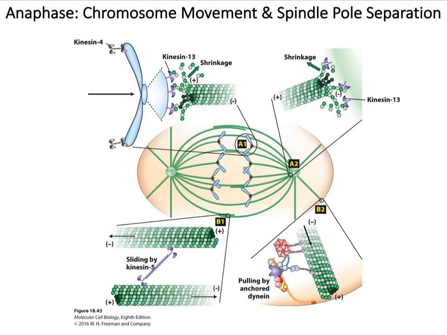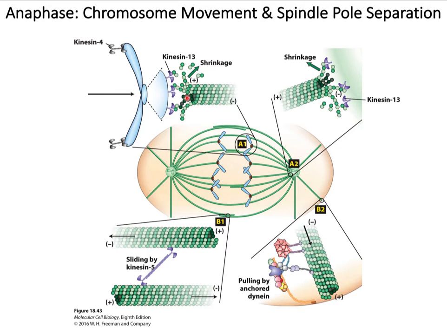Now here is another detailed rendition of the events in Anaphase A and B and the role of the motor proteins. In Anaphase A, the movement of the chromosomes to their respective poles is powered by microtubule shortening by kinesin 13 proteins at the kinetochore, and this is happening at the plus end of the kinetochore microtubule, shown as A1 in the figure.